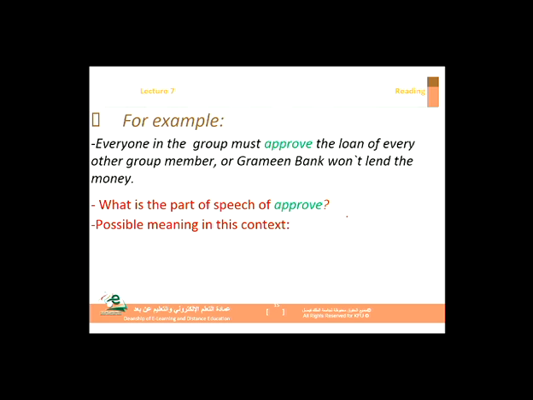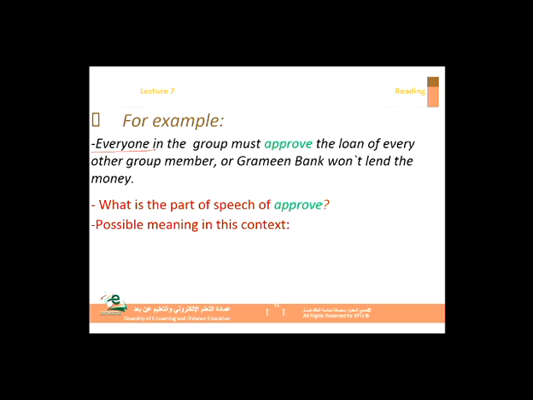So, I'm reading here: everyone in the group must approve the loan of every other group member, or Grameen Bank, or the bank, won't lend the money. So let's think about it. We have a group of people, that group goes to the bank, they ask for a loan, and then everyone in that group must approve the loan of every other member of the same group.